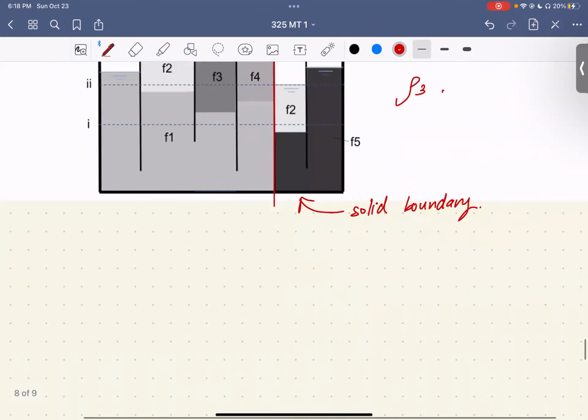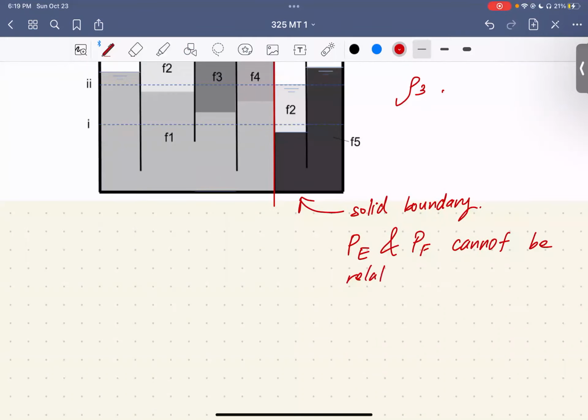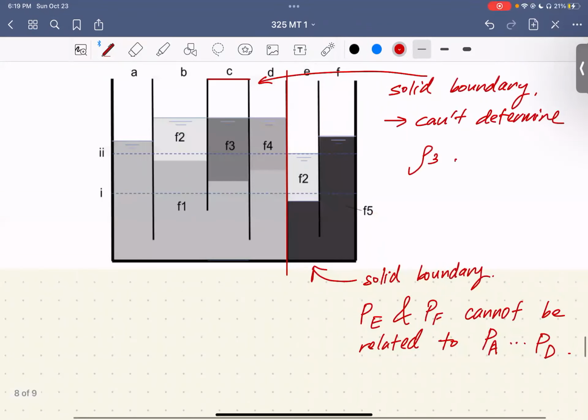That means we cannot relate PE and PF to PA all the way to PD, right? We cannot because of the solid boundary. If fluid 5 was here, maybe we could compare, but that is not the case. So that also makes things easier.